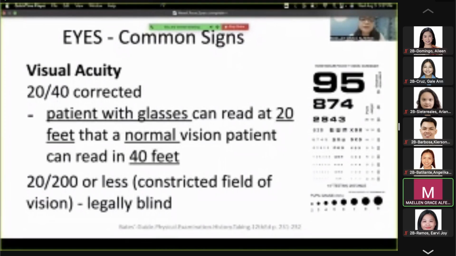In most of the countries, legally blind means that you cannot drive anymore. Now, if you cannot see the number at the topmost portion, then you can do other testing like counting fingers, hand movement, and the last testing you can do is light perception. If there's no light perception, then that's total blindness, okay?